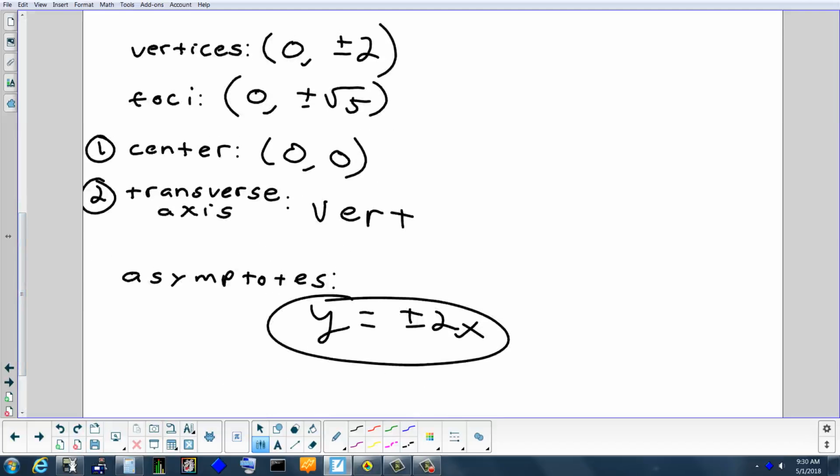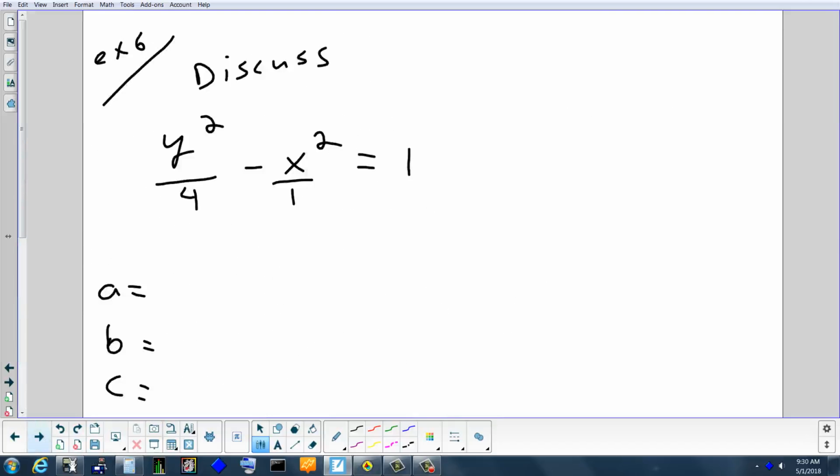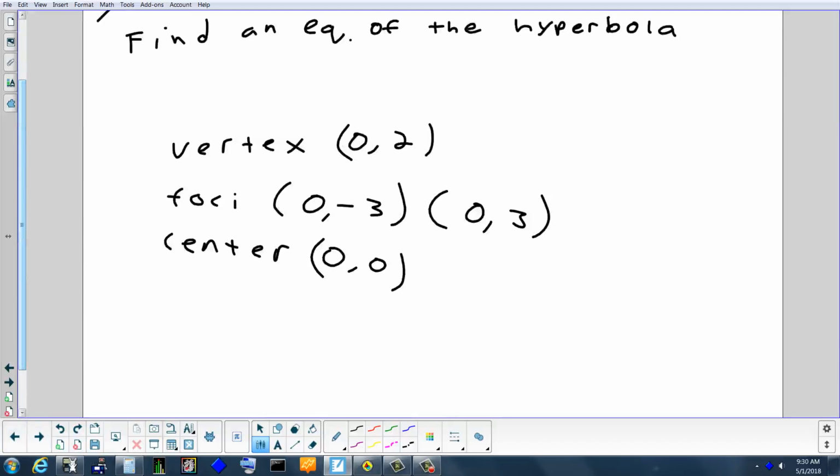All right, so that was the case where I gave you the equation and you told me a bunch of stuff about it. Let's try one where I tell you about it and you tell me the equation. Okay, well, Stan, what's the first thing that I want to figure out here before I can find the equation?